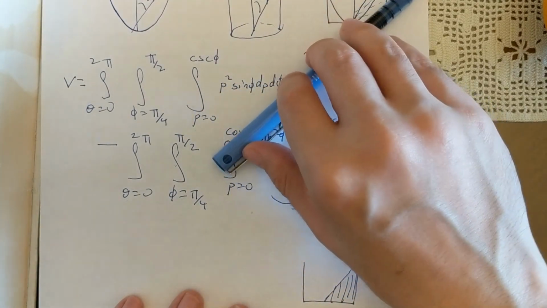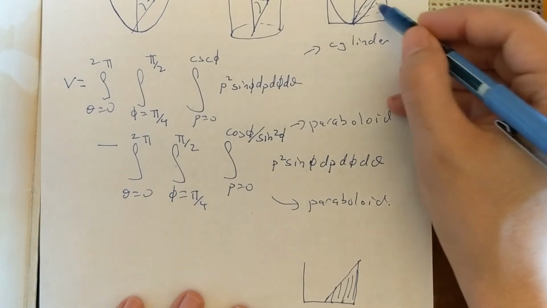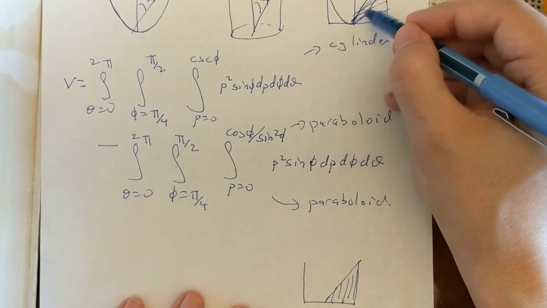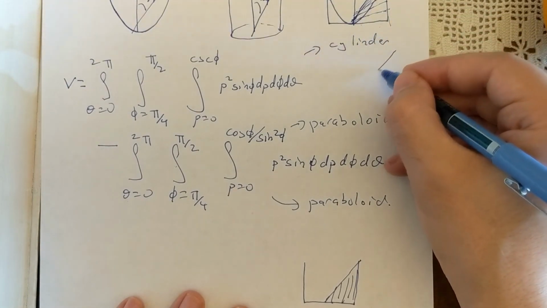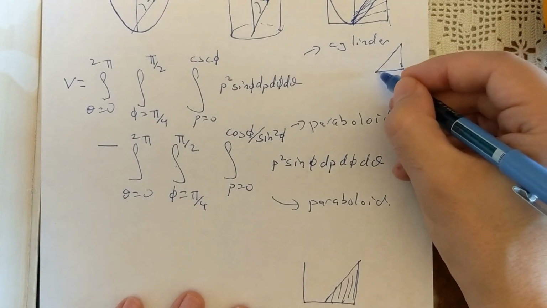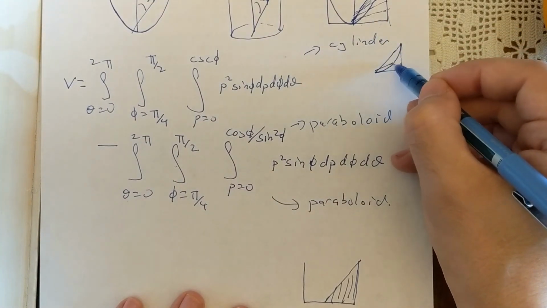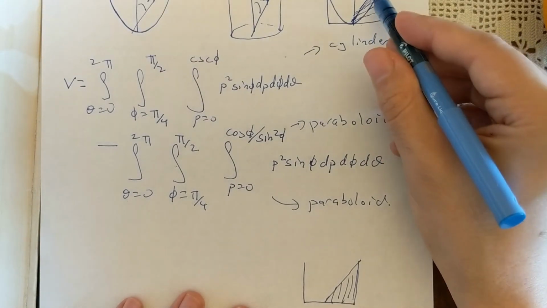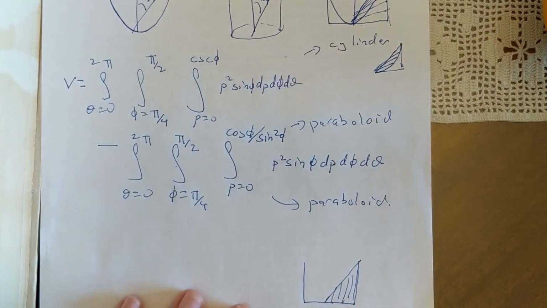When I sweep like this, if I go all the way out to the cylinder, then I'm going to get all these rays, from pi over 4 to pi over 2. Now that's going to find the volume of this triangular section. But from that triangular section, I need to carve out this guy. So I need to go out to the paraboloid. So I'm going to do the volume of the cylinder from pi over 4 to pi over 2 minus the volume of the paraboloid.